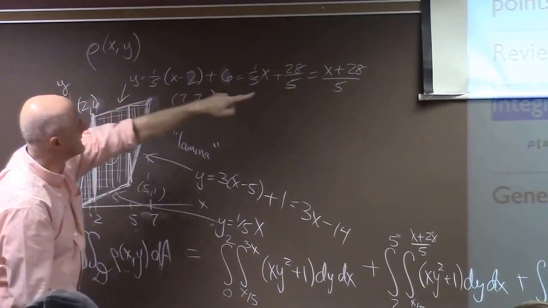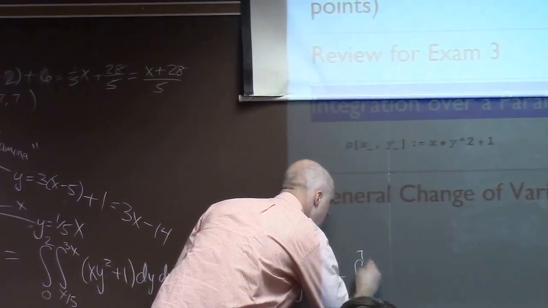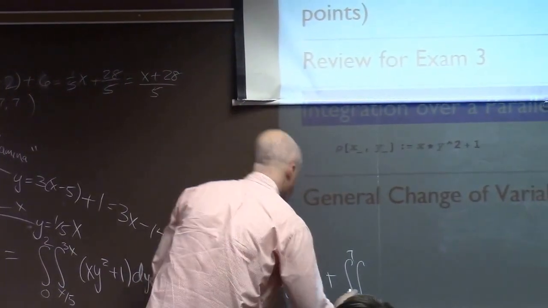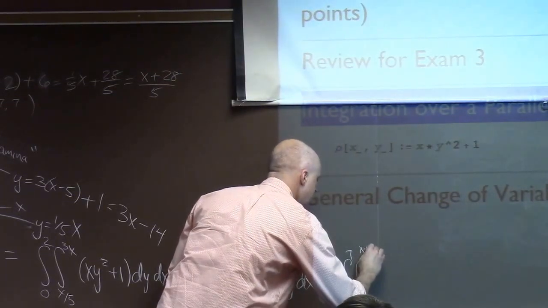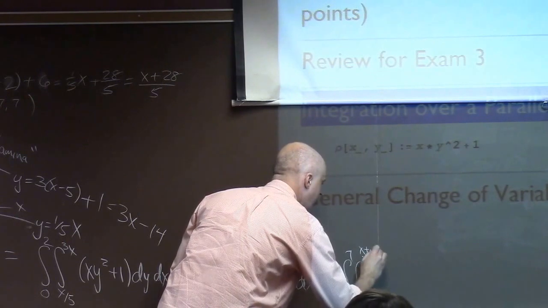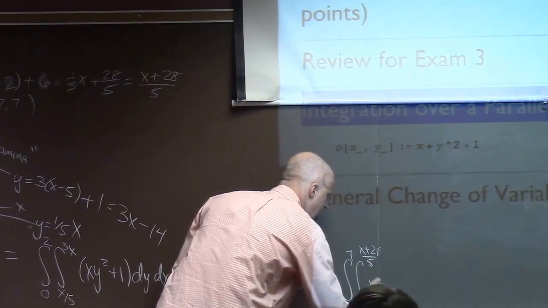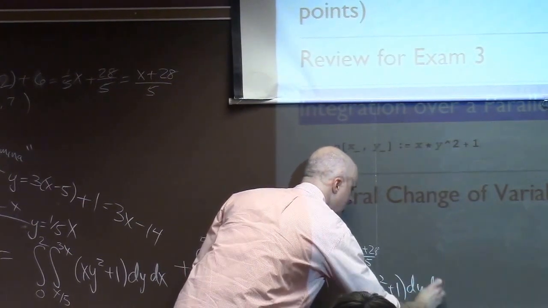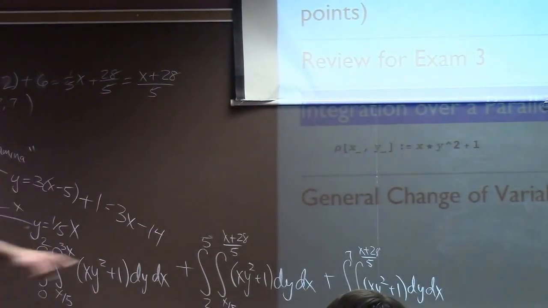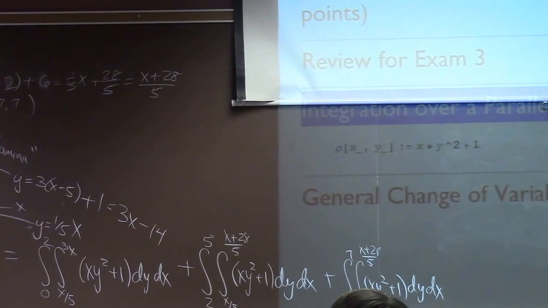This one up here, once again, is x plus 28 over 5. 3x minus 14 down here, x plus 28 all over 5 up there. X times y squared plus 1 is the function we're integrating. There we go. Those three integrals added together should give you the right answer.